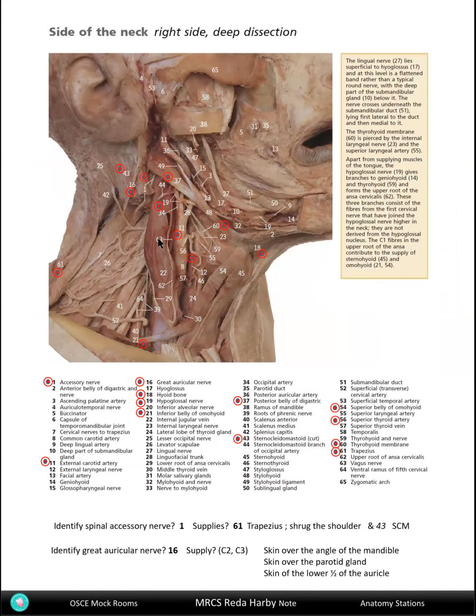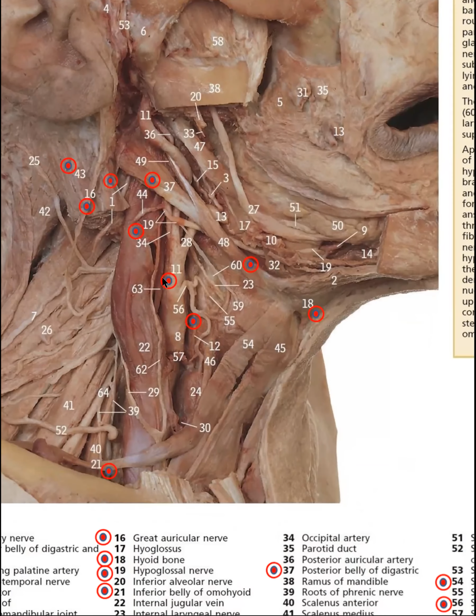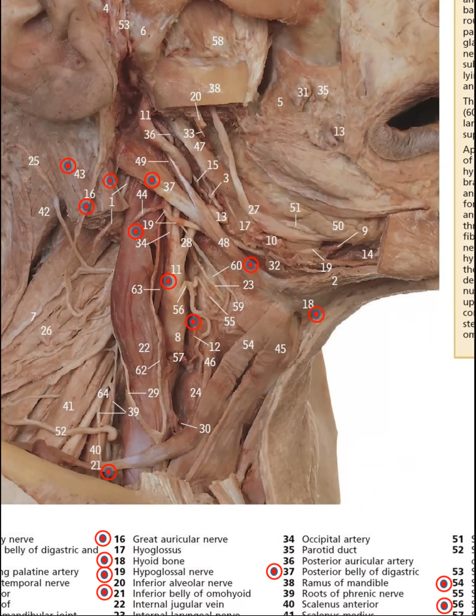Okay, thank you. Regarding this complicated photo, I'm going to ask you deeply regarding each structure. Without looking at the illustrations, can you give me a clear idea about what number 43 is? This is a cut of the muscle, sternocleidomastoid. Okay.